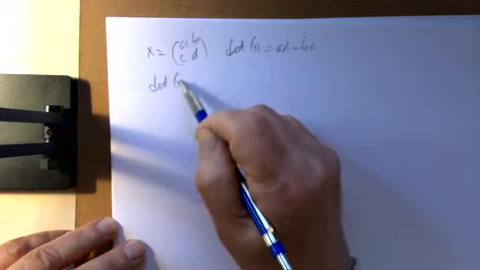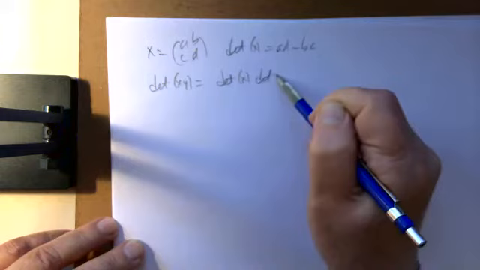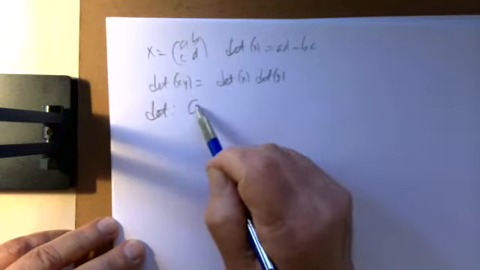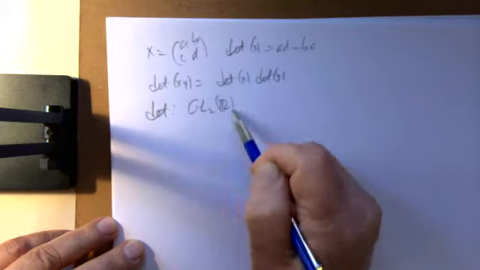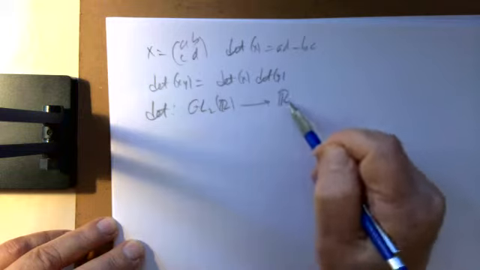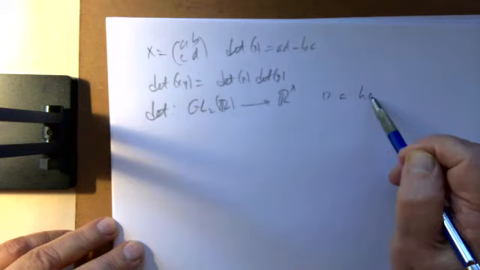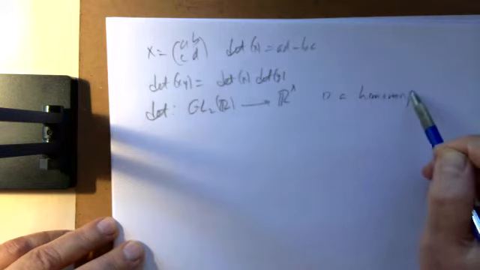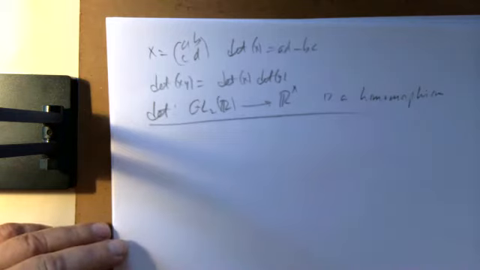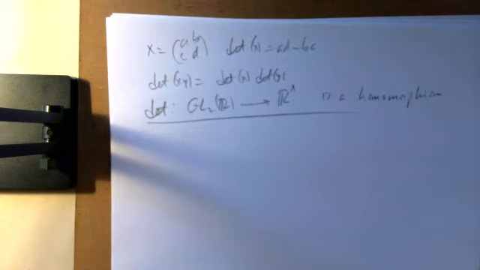The determinant of XY is the determinant of X times the determinant of Y. So the determinant function from GL2R, these are 2 by 2 matrices with non-zero determinant, to the multiplicative group of real numbers is a homomorphism. Right? It is a homomorphism.